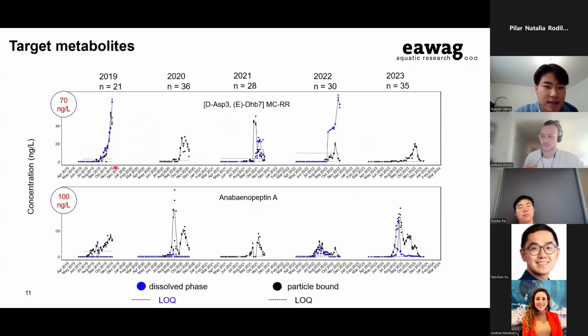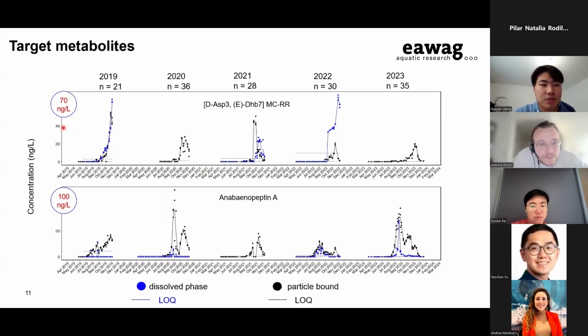The black dash and the blue dash mean the limit of quantification. Once the concentration is below this limit of quantification, we don't really trust the absolute concentrations. We can see generally the two targets show peak concentration in late summer or in autumn seasons.